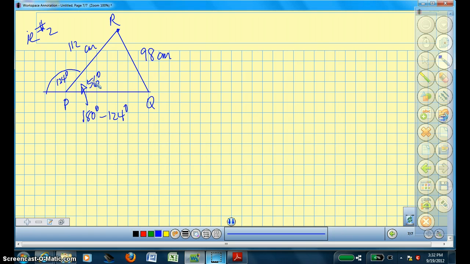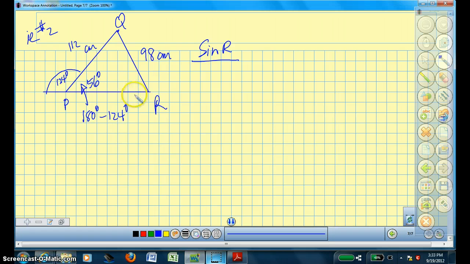Okay, so now I have the condition where I have at least one angle, two sides. One of the two sides is opposite to the angle. So let's say sine of r. I've mislabeled the diagram. Let me relabel the diagram here.